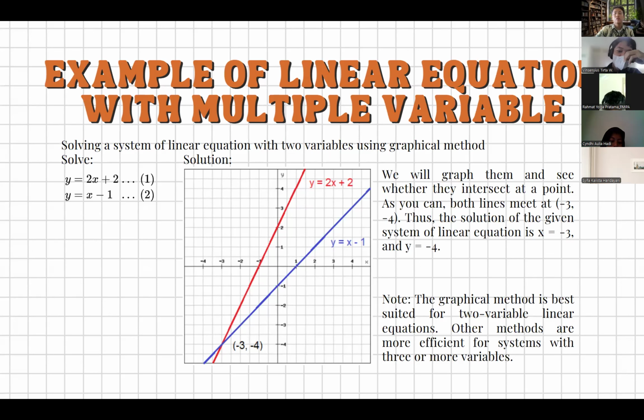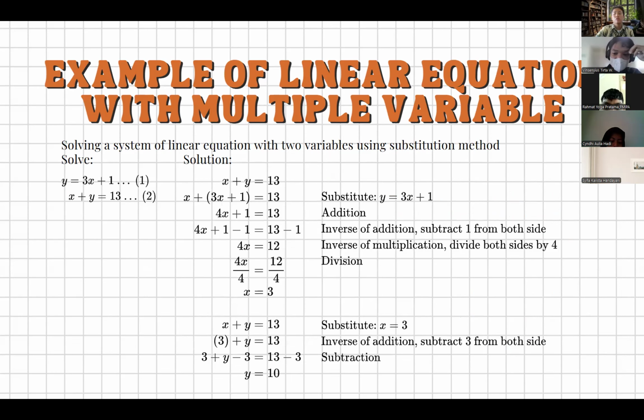This is another example, using the substitution method. The first equation is y is equal to 3x plus 1, and the second equation is x plus y is equal to 13. In this case, we are going to substitute y equal to 3x plus 1 into the second equation.